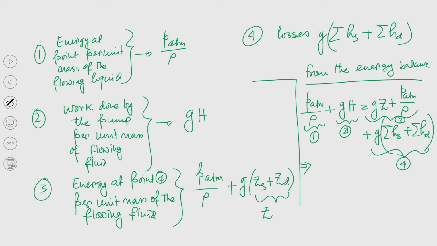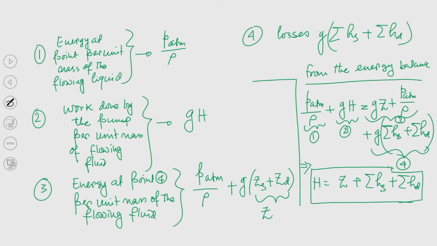We can simply write that H equal to Z plus summation of Hs plus summation of Hd. This is the equation that we can derive from this simple energy balance expression.